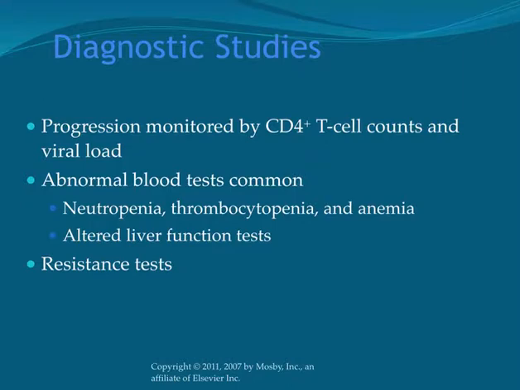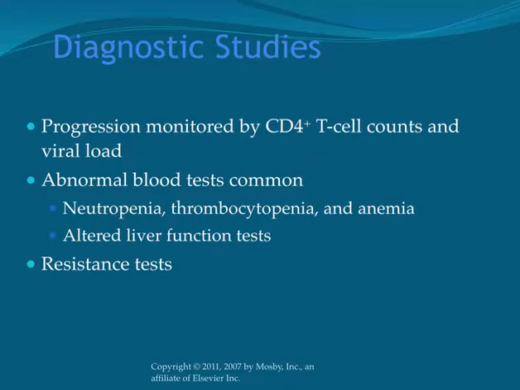In HIV, viral loads are reported as real numbers, like 1,260 copies, or as undetectable. Undetectable indicates that the viral load is lower than the test is able to report. Undetectable does not mean that the virus has been eliminated from the body or that the patient no longer has HIV to transmit. We can also do resistance tests.